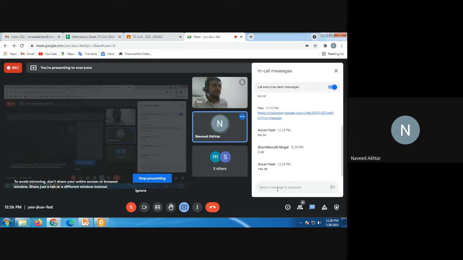You can take the print from anywhere at a Xerox center, or you can print from the PDF available with you, or you can purchase from the Bureau of Indian Standards in Pune, Nasik, Mumbai, Nagpur or Hyderabad. In these places, the Bureau of Indian Standards offices are there, and you can order and get the printed booklet from them. So that is the authenticated booklet if you purchase from them.